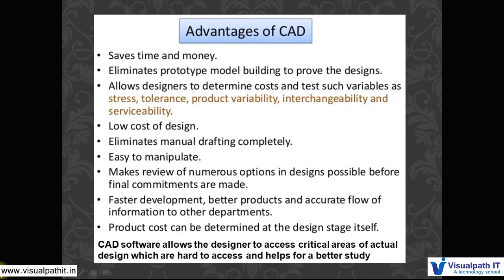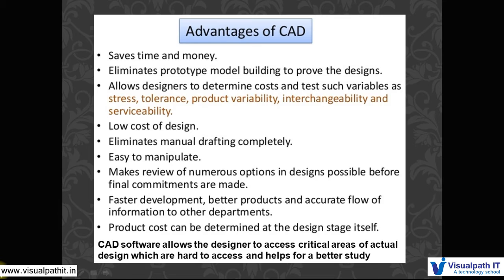Previously, when everything was done manually, they used to create one design, make improvements, and again make improvements, and there used to be a lot of trial and errors and revisions, and a lot of wastage of material, money and labor hours.